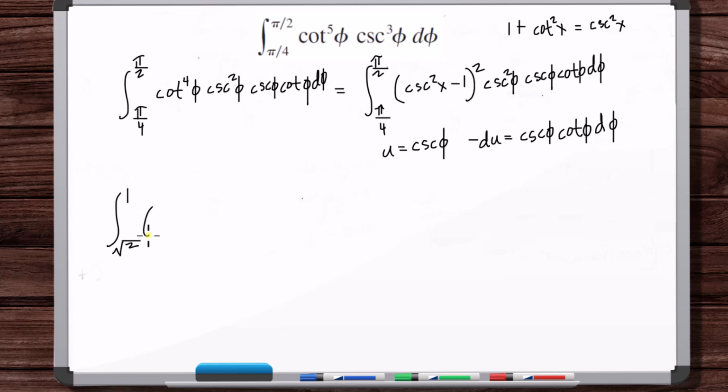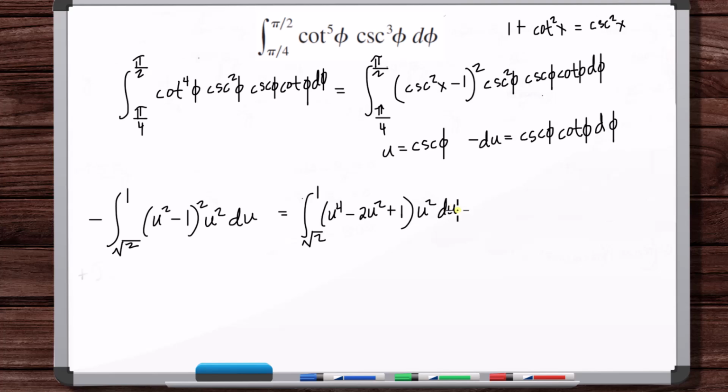Okay, so now we've got u squared minus 1 squared, u squared, and then du, but we put a minus sign. So we've got u to the fourth minus 2u squared plus 1, times u squared du.